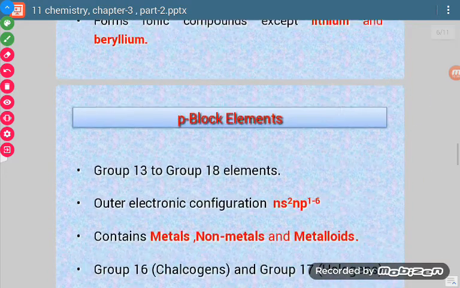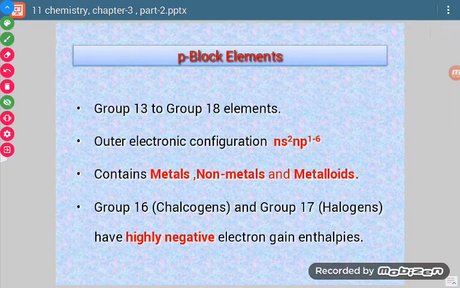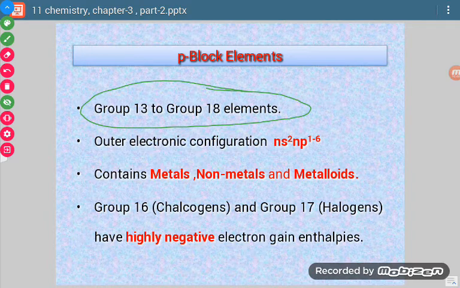Okay. Now let us come to p block. P block means group 13 to group 18 elements, and their electronic configuration is ns2 np1 to 6. So p block element again means those elements for which, when we write the electronic configuration, the last electron enters the p orbital.